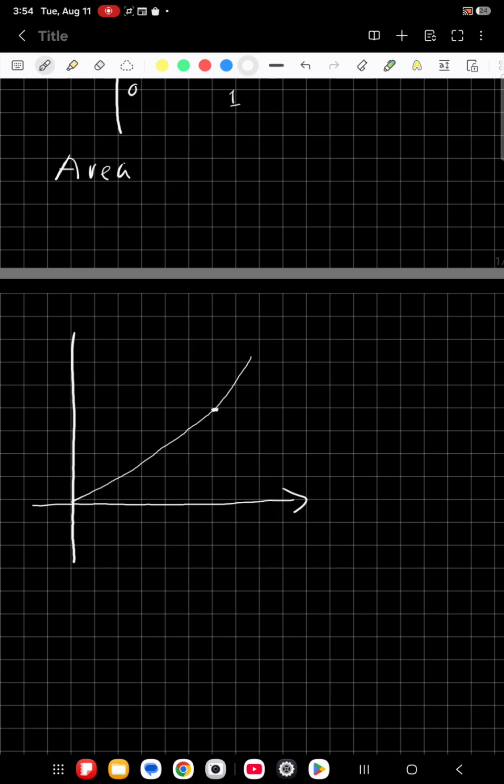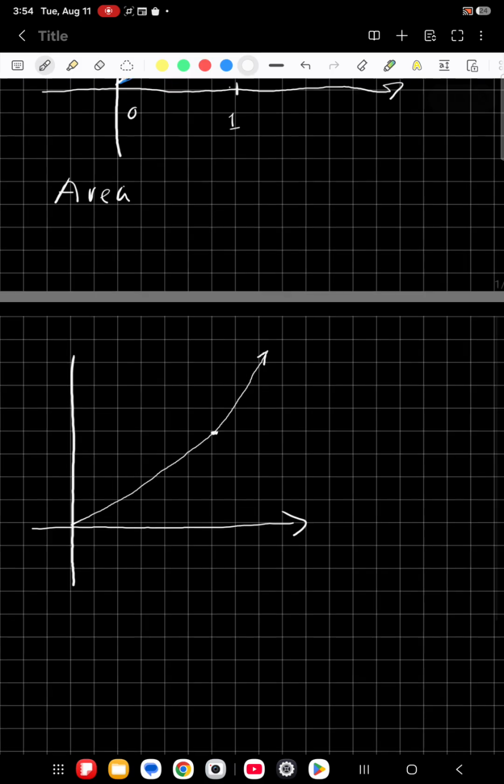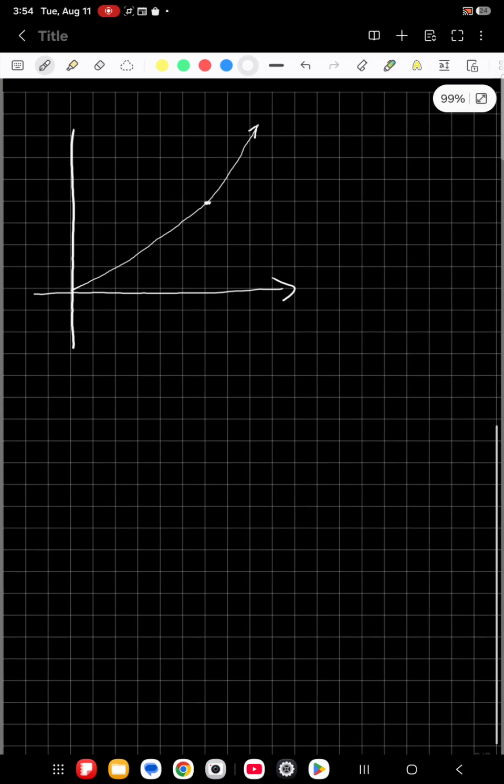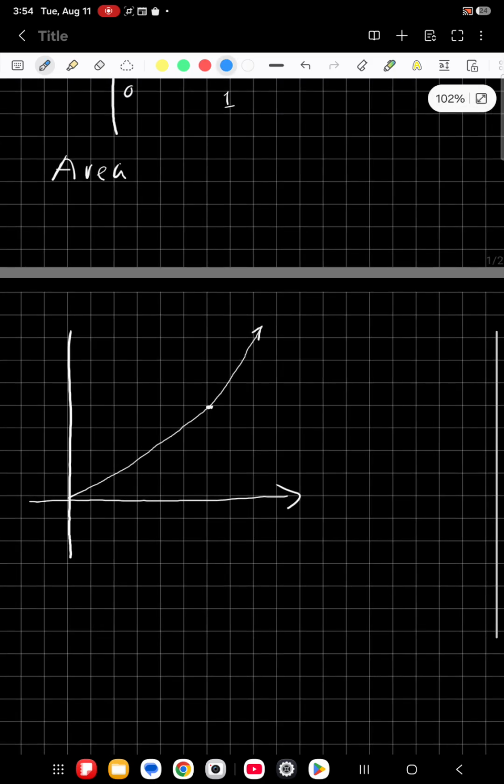Let's keep the same colors: the parabola is white and the cubic is blue. This is 1, and 0 here.